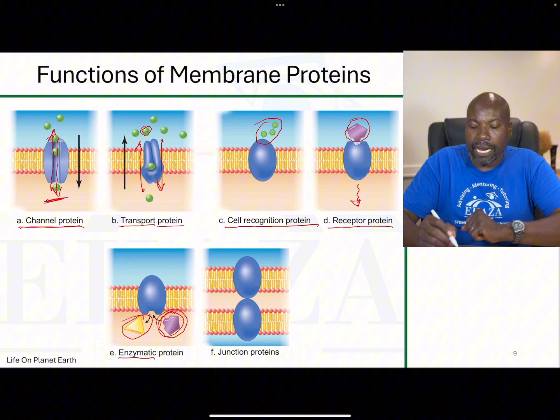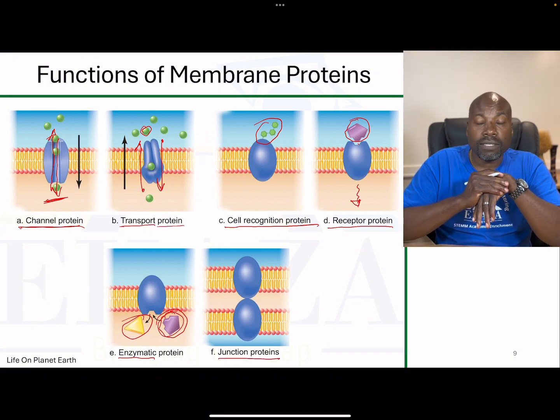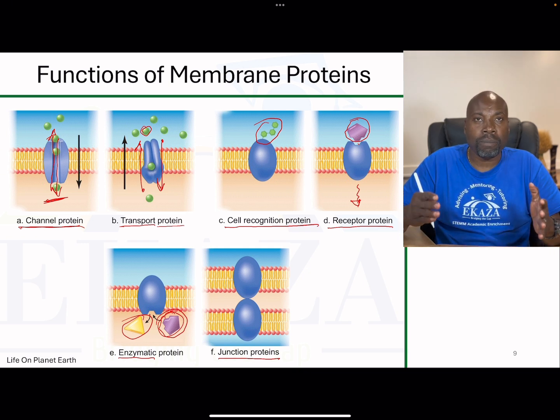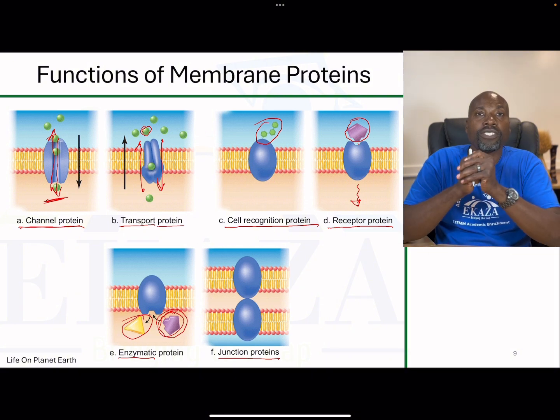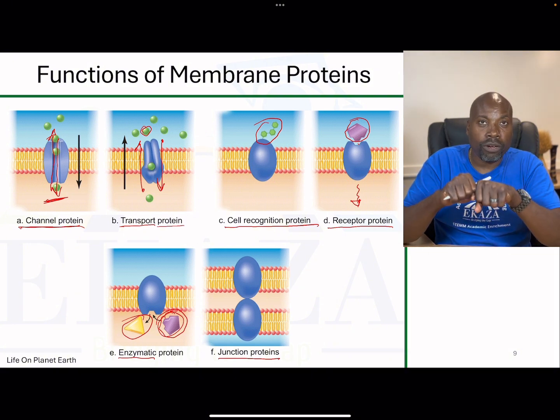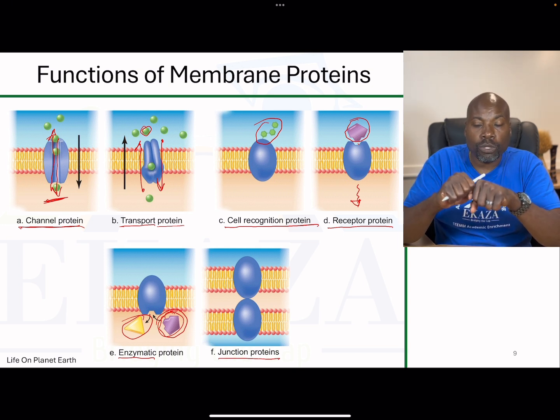Okay? And then we have junction proteins. Junction proteins are proteins that allow two neighboring cells to attach to each other and remain attached, right? For instance, the skin cells are attached to each other so that your skin is waterproof, right? But how are these skin cells attached to each other?